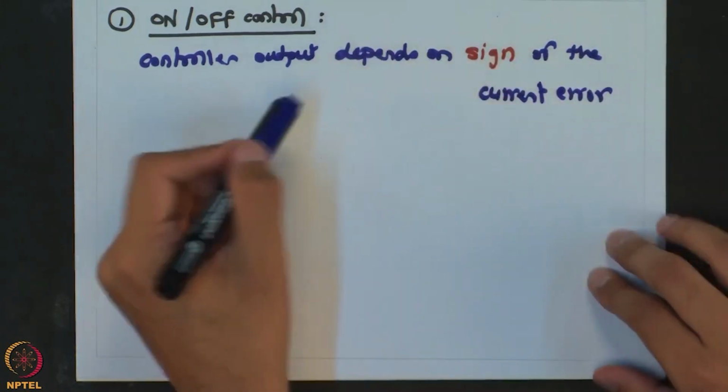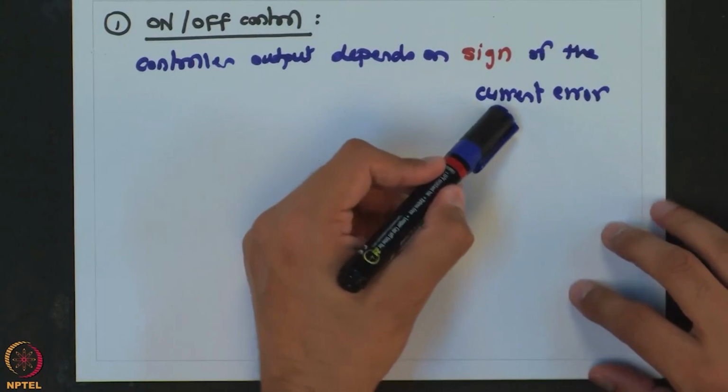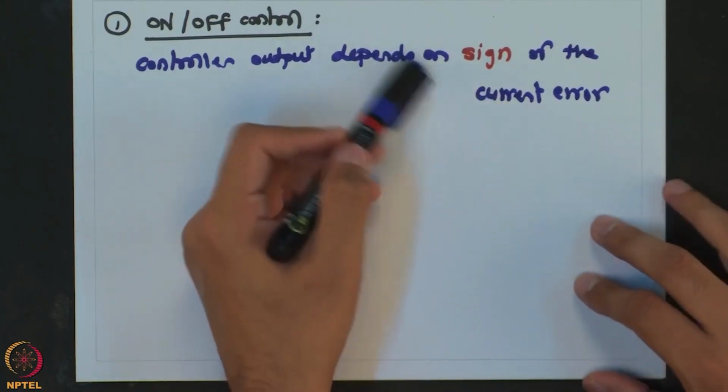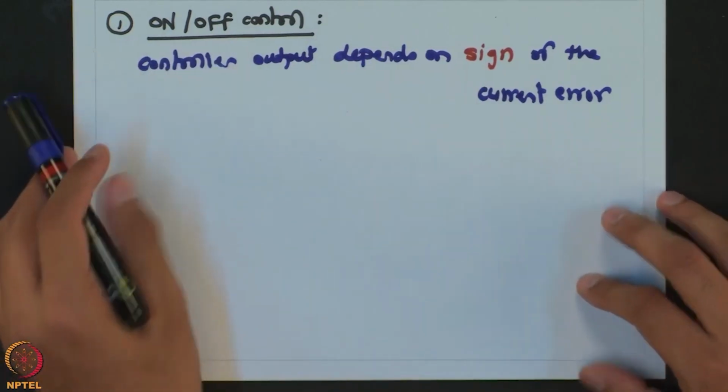All you are interested in is the sign of the error, whether the error is positive or negative. You do not even look at the magnitude of error, and that is why it is very simple or easy to implement, and depending on the sign of the error, control action is taken.